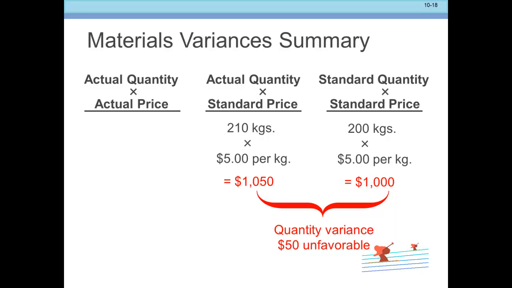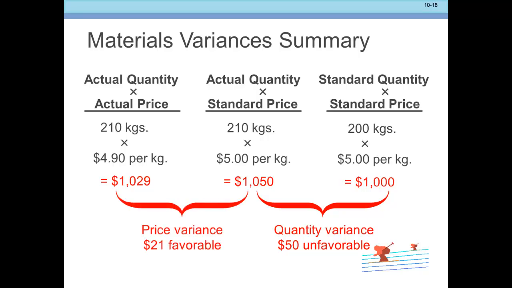Then, for actual quantity and actual price, we were given that as $1,029. That's right. We don't need to break that down into quantity and unit price because we're given the total, which is all we really need. The difference between the $1,050 and the $1,029 is the material price variance.